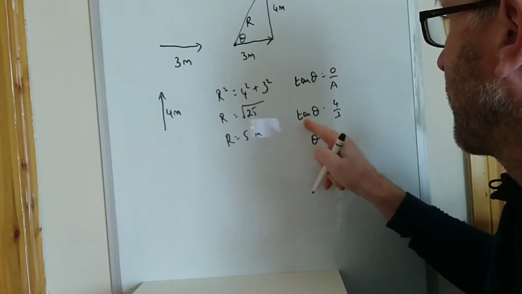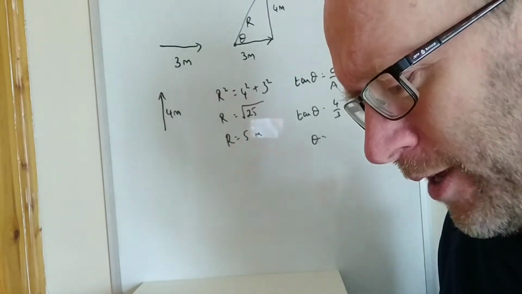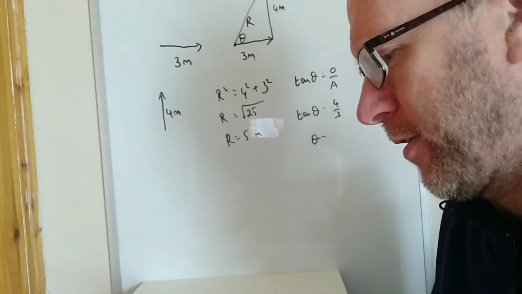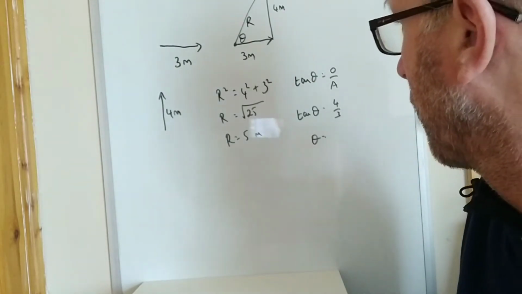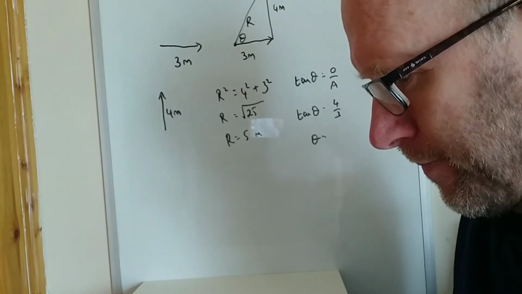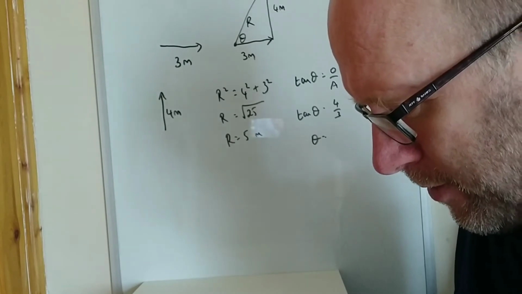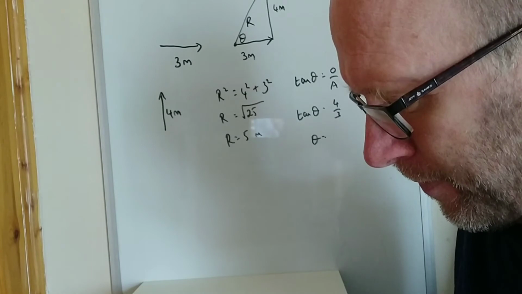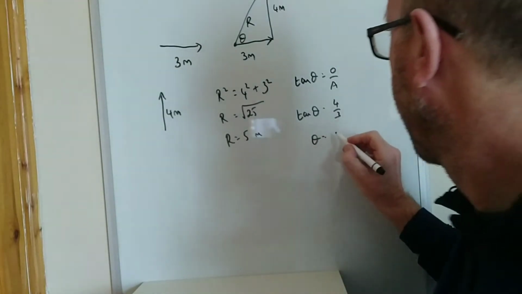Okay, and remember, if you have the tan of the angle and you want to get the arctan or the inverse tan, it's the second function. Okay, so second function of tan of 4 over 3, okay, get an error, so second function of tan, okay, and I get an answer here, 53.13 degrees.